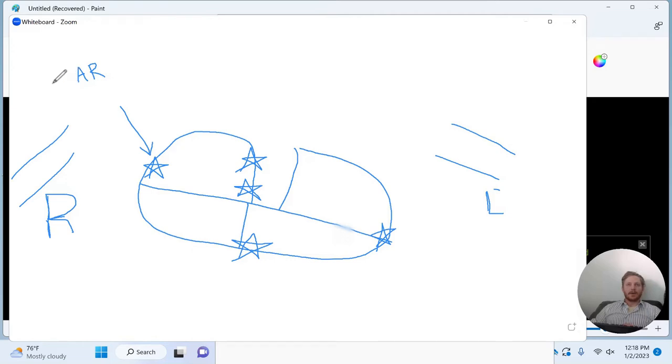By the way, is aortic regurg diastolic or systolic? It's diastolic. The reason you really want to pay attention to whether something's diastolic or systolic is because all diastolic murmurs are pathological. So aortic regurg, and you're going to have aortic stenosis.